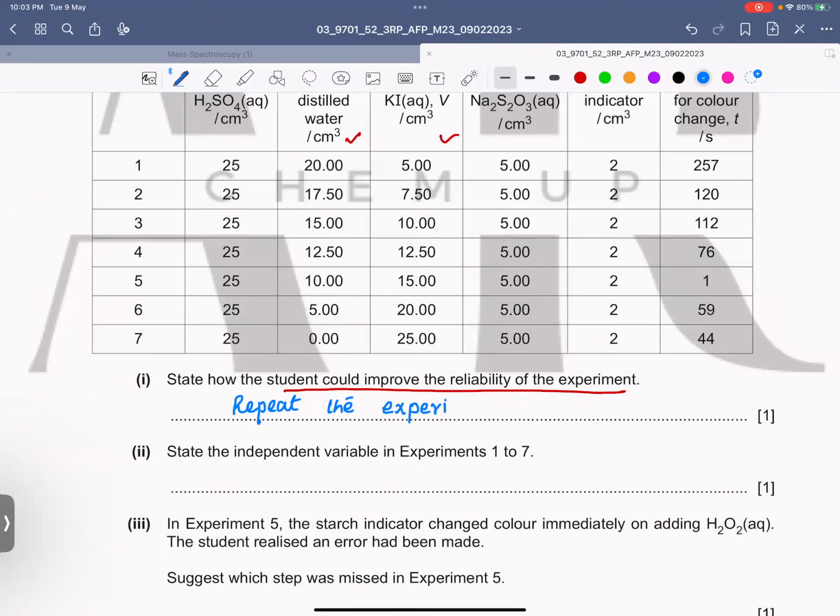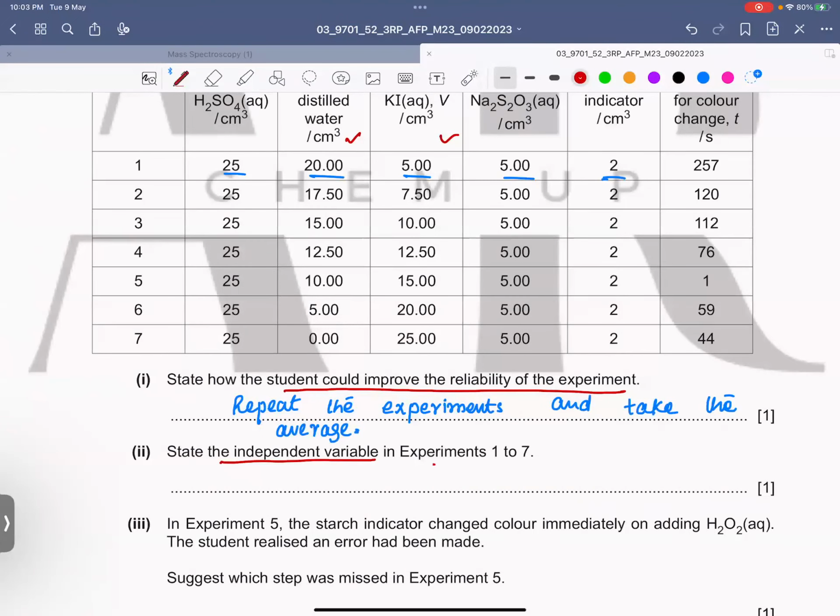Each experiment is repeated with the same volumes, and we note the time and then take the average of the time. So repeat the experiments and take the average.